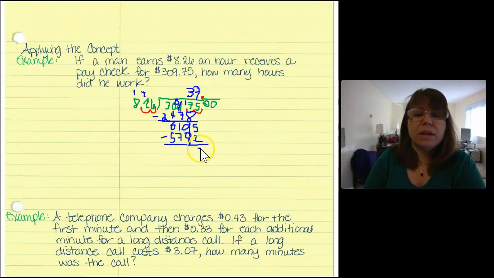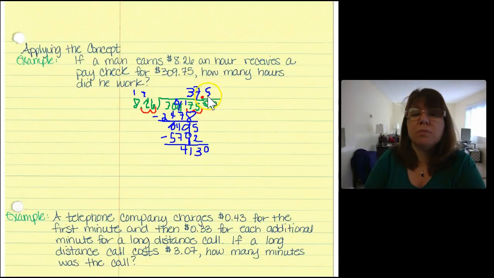5 minus 2 is 3. 9 minus 8 is 1. Got to borrow here. 11 minus 7 is 4. Bring down a 0. Okay. Now, I'm looking at this 41, and a 5 times an 8 would give me a 40, so I'm going to try a 5.